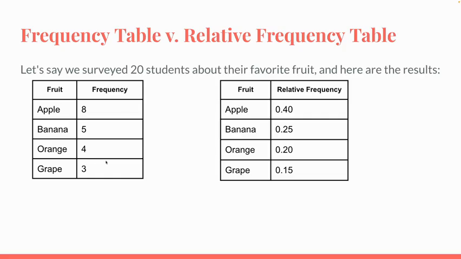So we're going to take this frequency table and turn it into a relative frequency table. So 0.40, 0.25, 0.20, 0.15. And so these are in relation to others because it adds to 1, which is 100%. So you can always change from decimal to percent by moving your decimal 2 places.